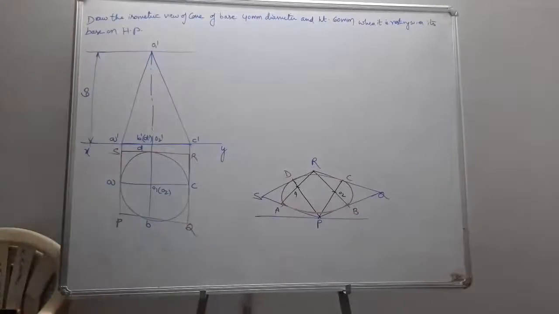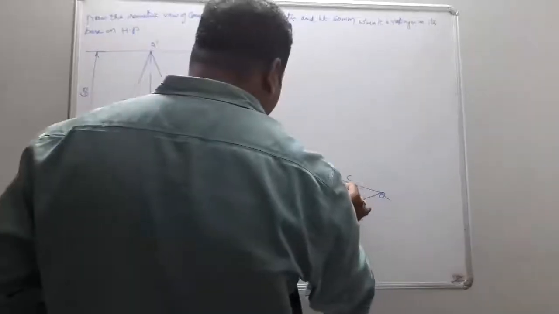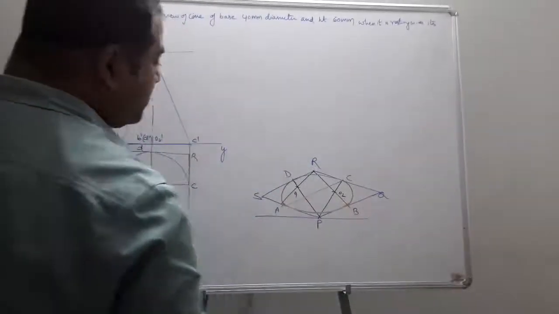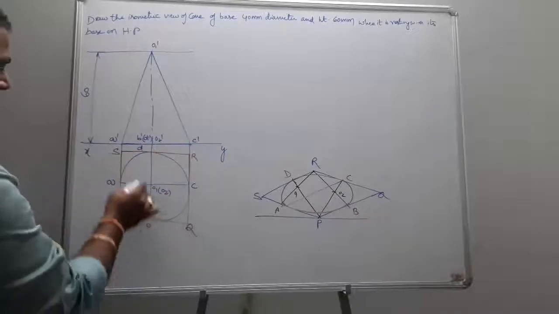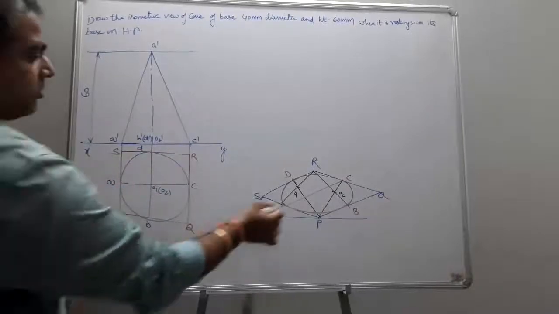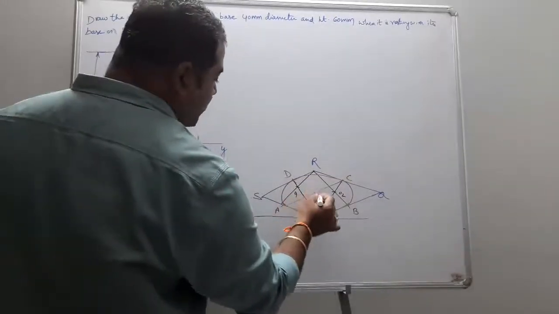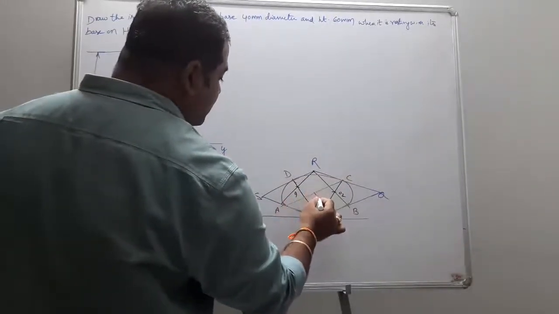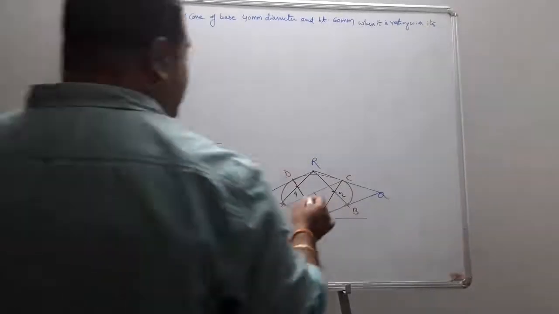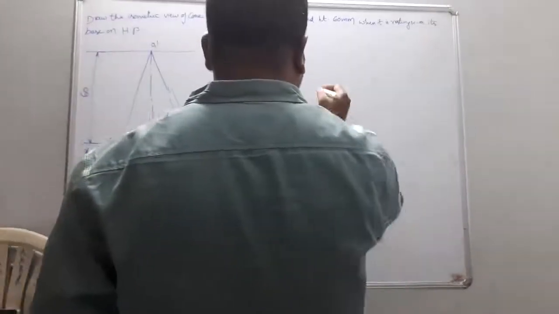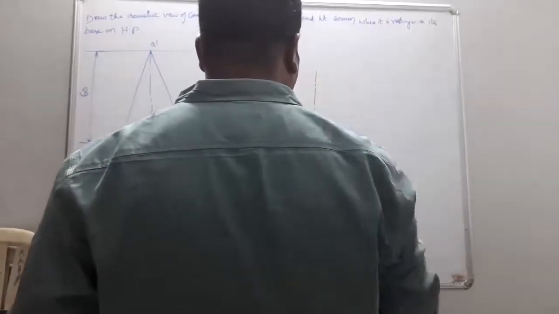And again, just join C with A. This CA line is parallel to SR and PQ, at the middle. So these three lines are parallel: SR, AC, PQ. I just draw this line, and A as center, AO as radius, mark this point. Let us consider this is your center O1. Now from here you draw the vertical line, which is passing through your axis.